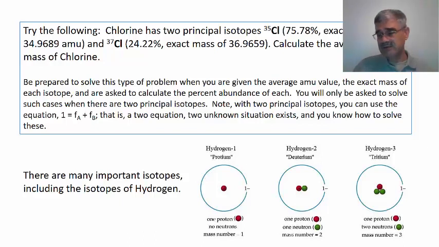Carbon-14, 6 protons, 8 neutrons, is not stable and will undergo a very slow nuclear decay reaction. And of course, there are many other isotopes that undergo nuclear decay reactions leading to natural radioactivity: uranium, radium, thorium, technetium, cesium, lots of examples of elements that will undergo some type of nuclear decay reaction.